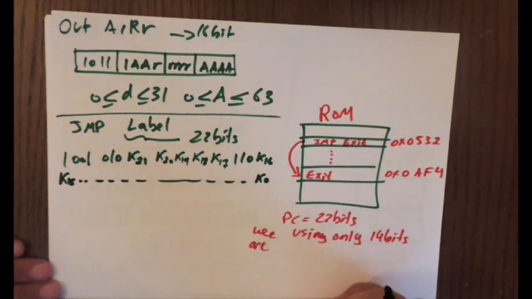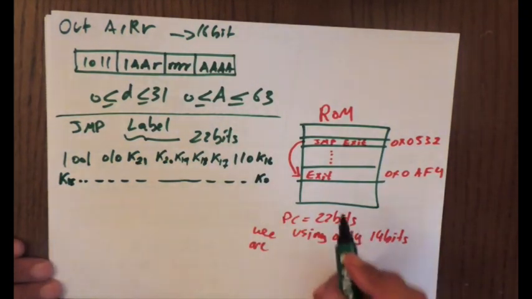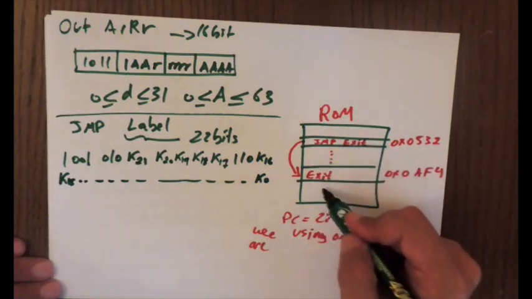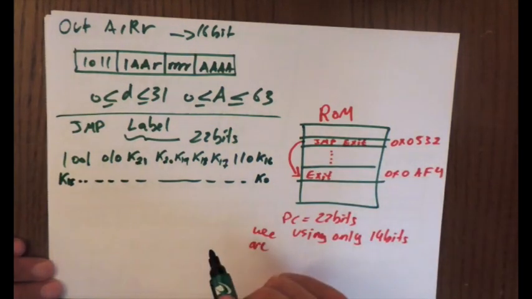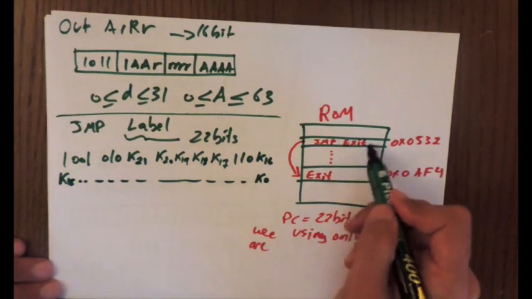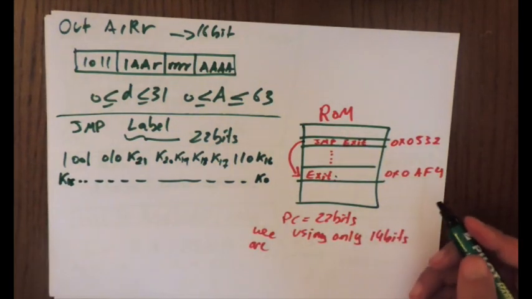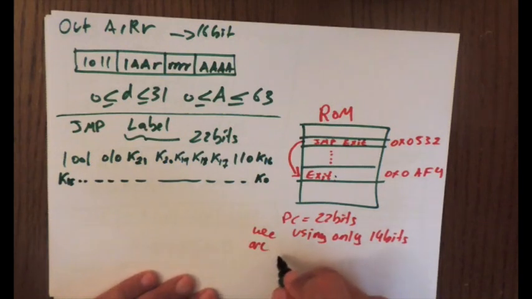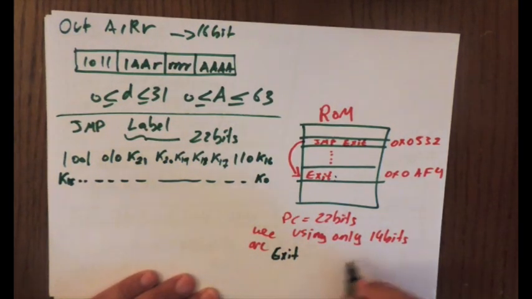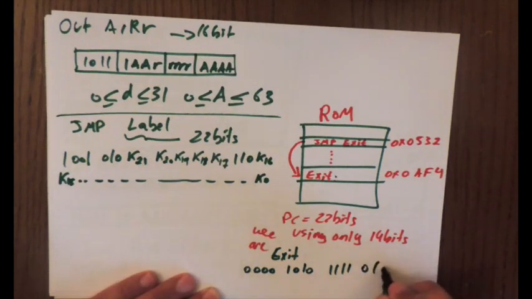Okay, so now if I want to transform this instruction to machine language, first of all I need to know where exit is. Exit is at this address. So first I write this address in binary. So let's say exit is going to be 1, 2, 3, 4, and again 1, 0, 1, 0, 1, 1, 1, 1, and 0, 1, 0, 0.